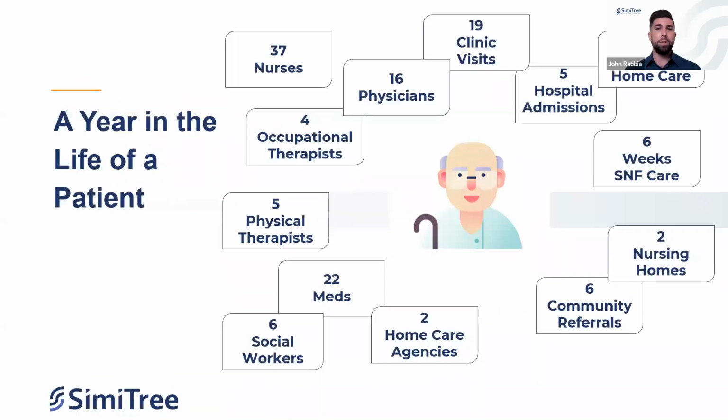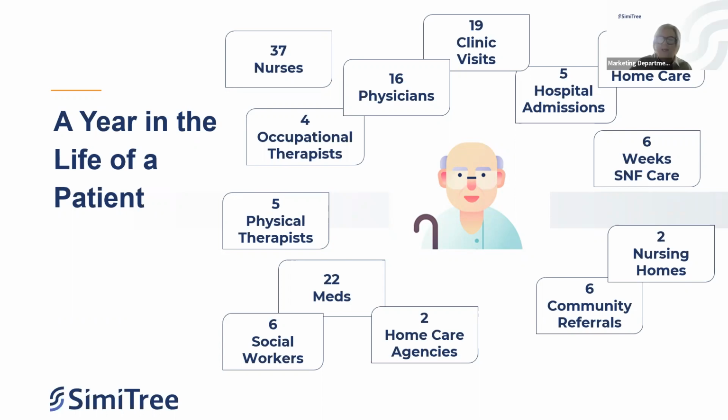And with that, I'm going to hand it over to Cami to talk us through a year in the life of a patient. Thanks, John. While the total revenue cycle that John just shared with you is so important, and we're going to take a look at each of those pieces and all the different departments and players that come into play, it's important for us to always start with that patient and think of it from that patient perspective, and keep that perspective as we go throughout the process.